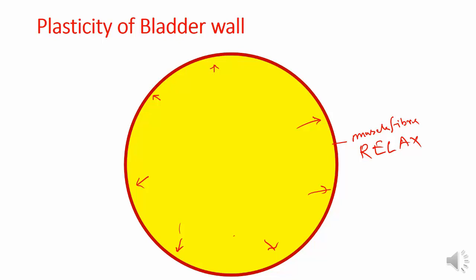So the intravesical pressure tends to drop back towards the initial value. So the tension initially produced by the stress is not maintained.